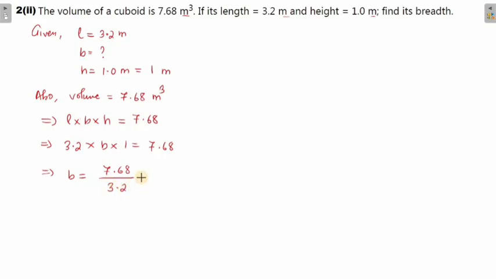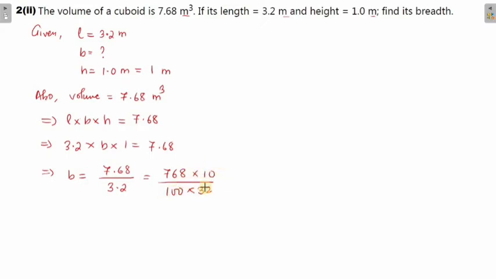Now your job is to divide this. How am I going to do this? You will first remove the decimal. When you remove the decimal you get 768 by 100, divided by 3.2. If you remove the decimal you will get 10 in the numerator.